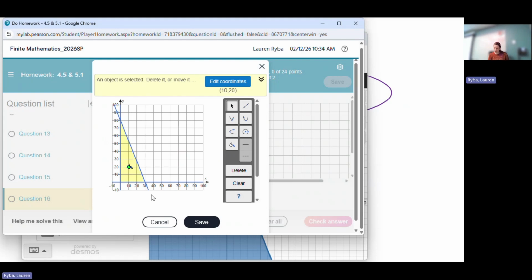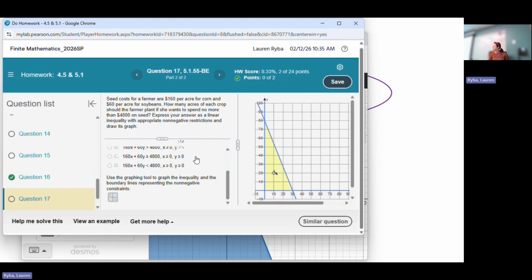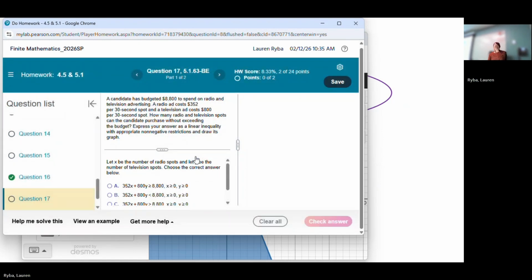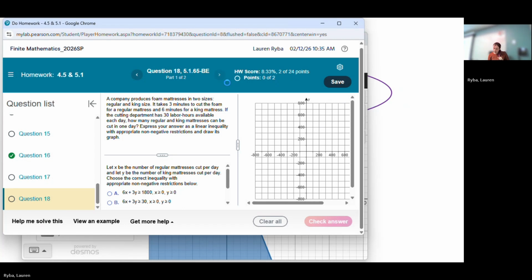So once you graph your first line, you have to graph, just pick 2 points on the y-axis and the x-axis, x this way, y this way, so that you get those bounds so that everything stays in just the positive dimension. Then you can click save and check. Okay. Make sense? I think that's all what these next ones are going to be.